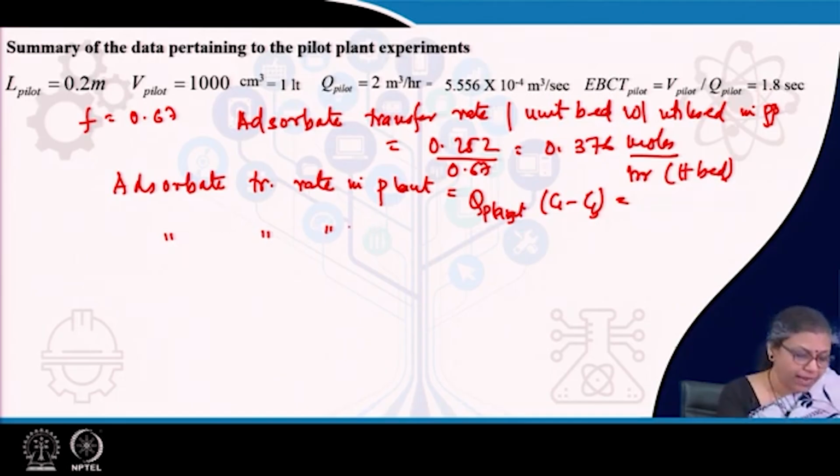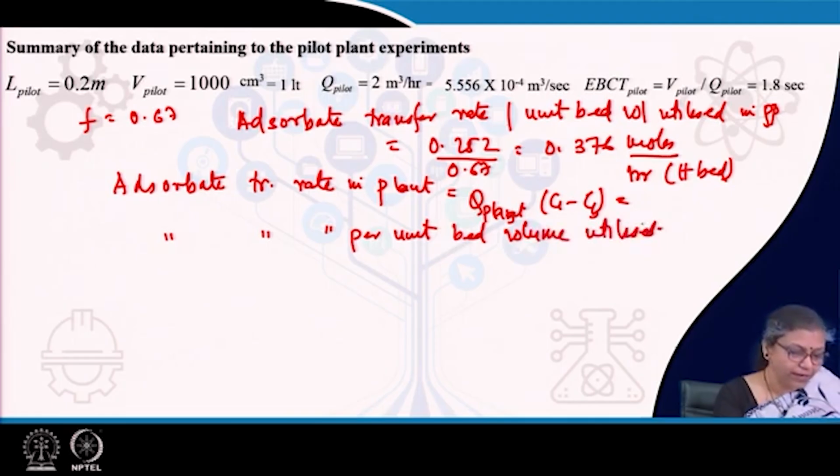So, therefore, from all these things, more or less the adsorbate loading could be found out.